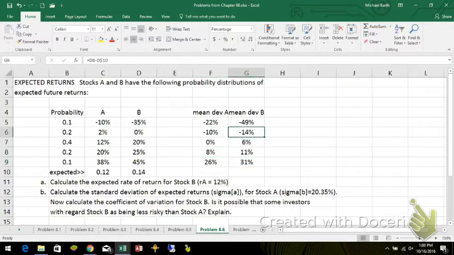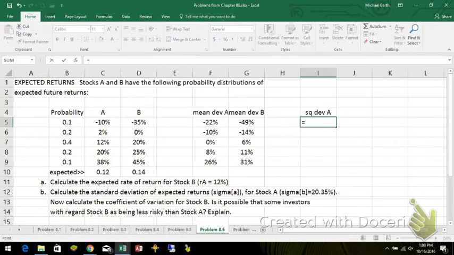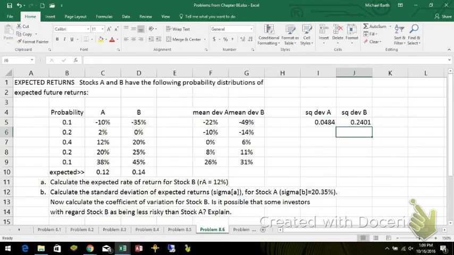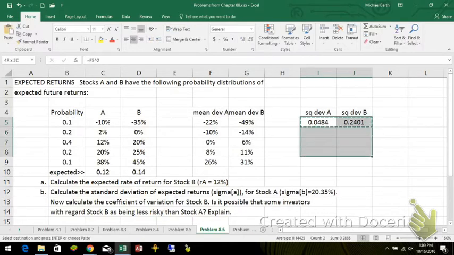Do the same thing for B. Squared deviation for A is simply take that and square it. Squared deviation for B, take that number and square it. I'll just copy these down.